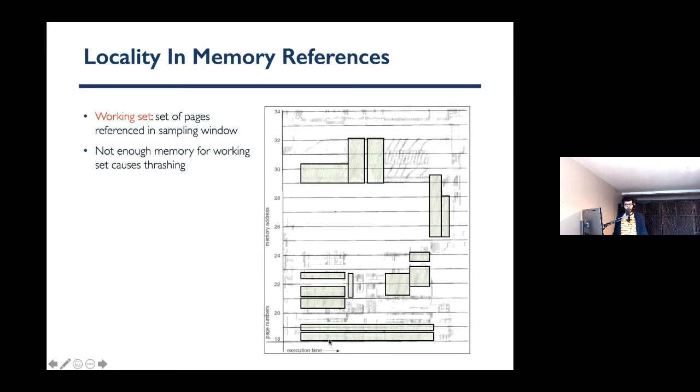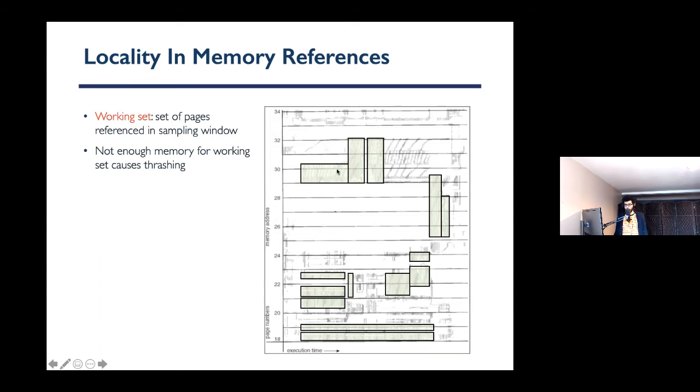If you give me enough memory in terms of size, so that I can have enough memory to bring these pages into memory, then I'd be happy, because these are the pages that I need, and they are actually in memory, so I can make progress.